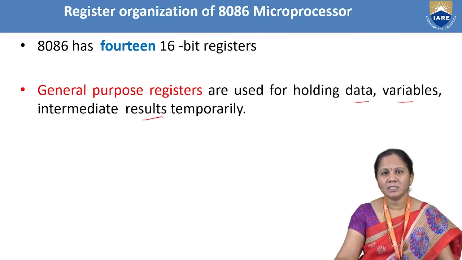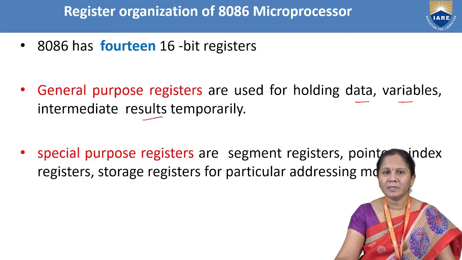All these registers are 16-bit registers. They can be called general purpose registers because by using these registers, we can store the data, or give any variables. The same registers can be used to store any intermediate results temporarily.